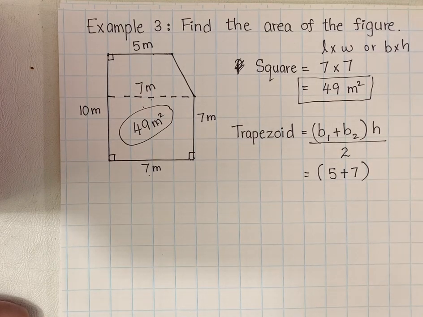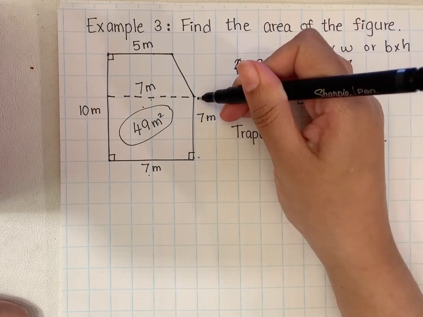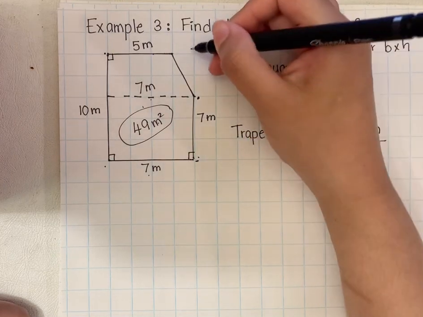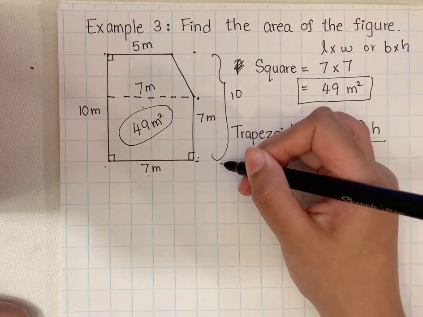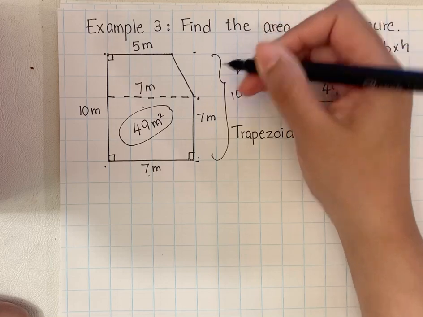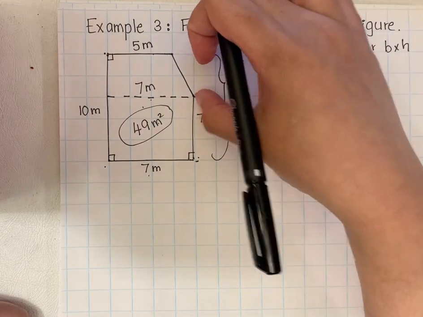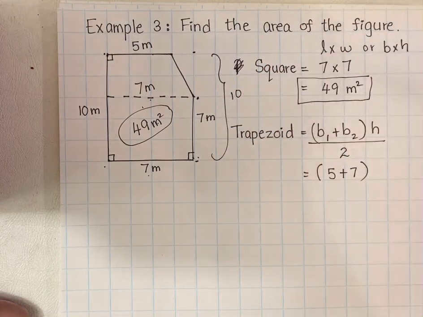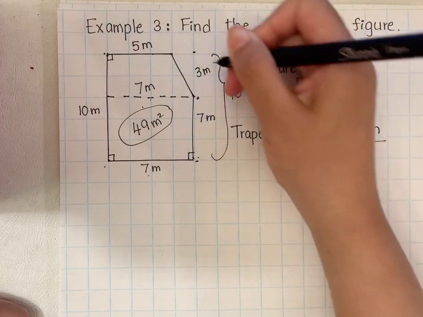Now to determine my height. I know from here to here is 7, and from here all the way up here is 10. So if I know the length from the bottom to the top is 10, and this piece right here is 7 meters, all I have to do is a little mental math and figure out which number plus 7 gives me 10, and I'm able to do a little subtraction. 10 minus 7 is 3.